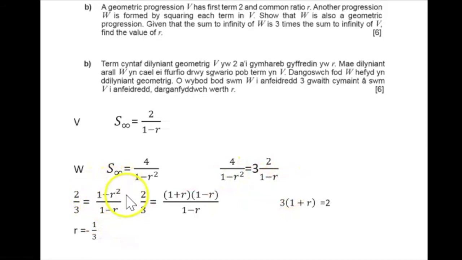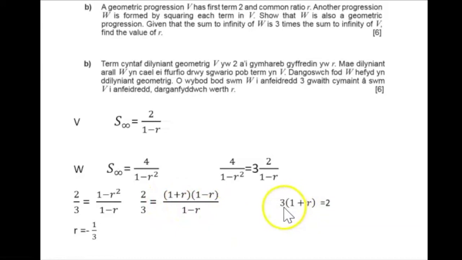But we should know that this is the difference of two squares. 1 minus r squared is 1 plus r times 1 minus r. When we times it out we get 1 plus r minus r, so they cancel, minus r squared. So we know that's the correct factorisation. And 1 minus r is going to cancel, so we're going to get 2/3 is 1 plus r.